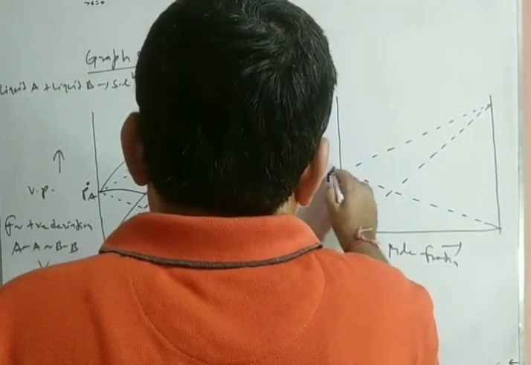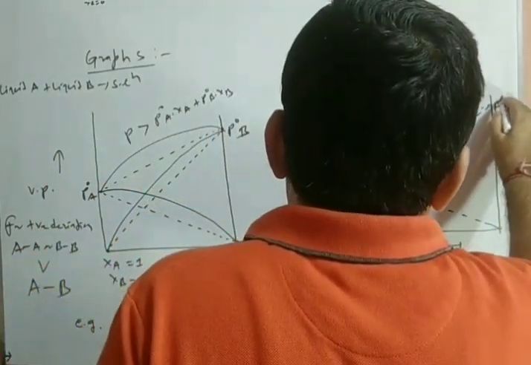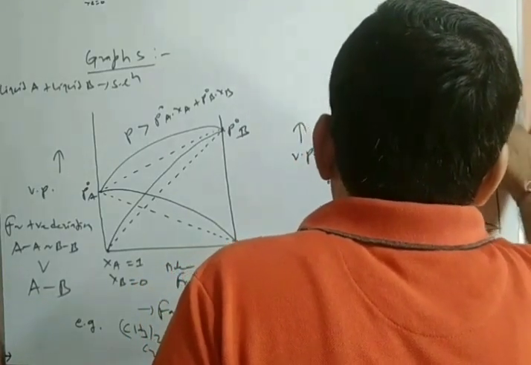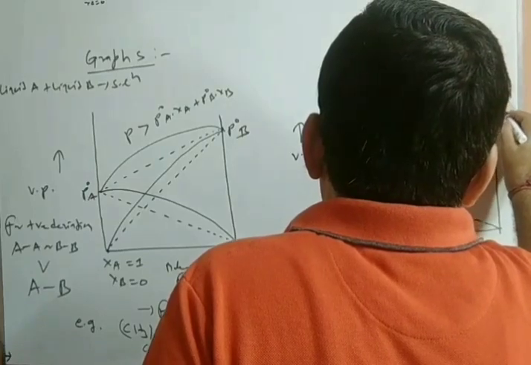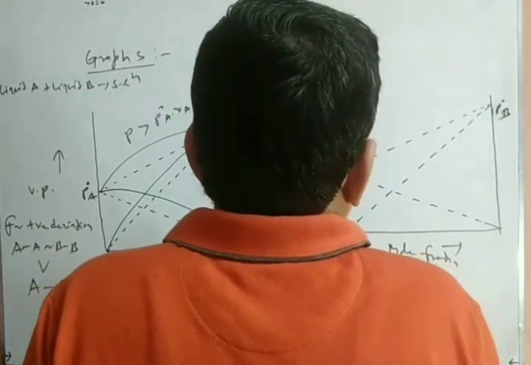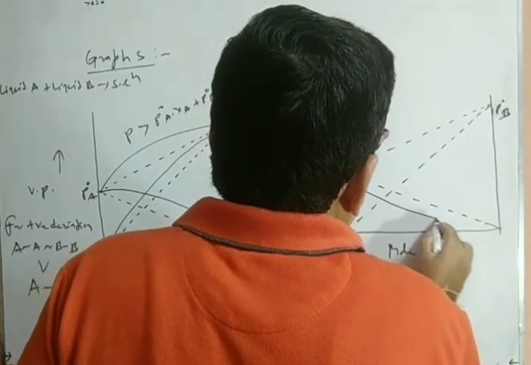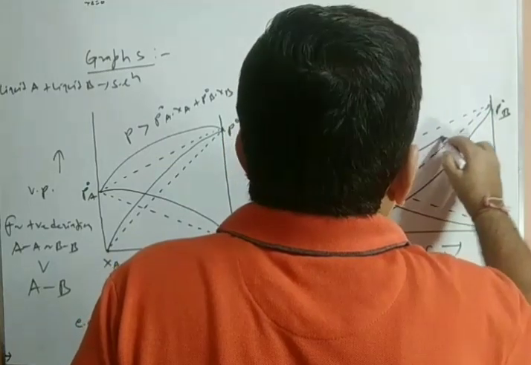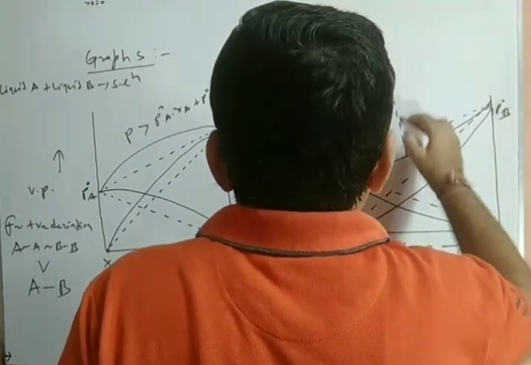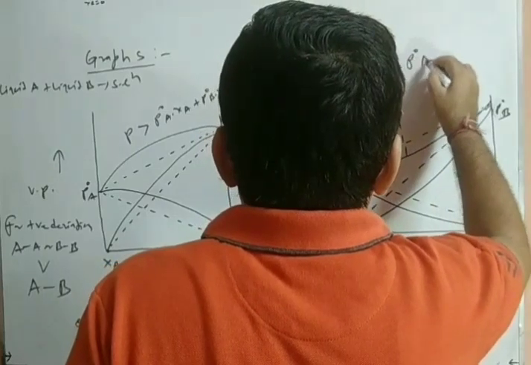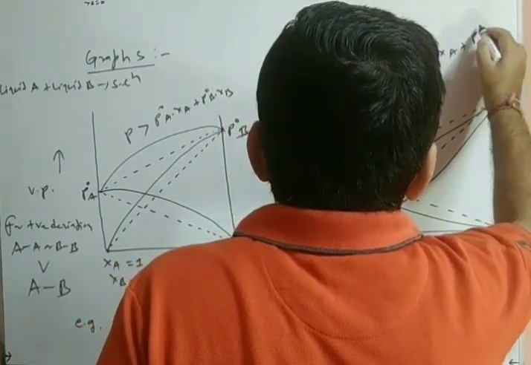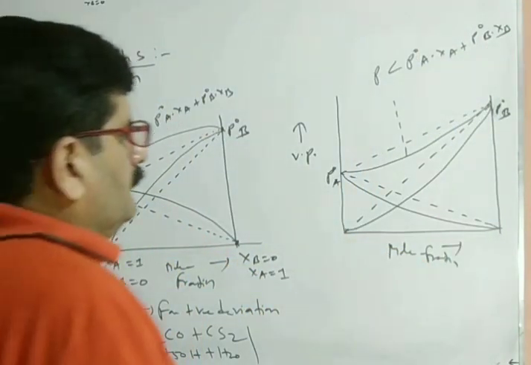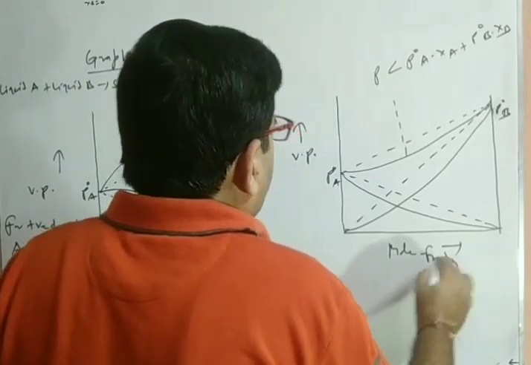Here again we can write P naught A, P naught B. If this pattern of graph is obtained, here P less than P naught A into XA plus P naught B into XB, which shows negative deviation of Raoult's law.